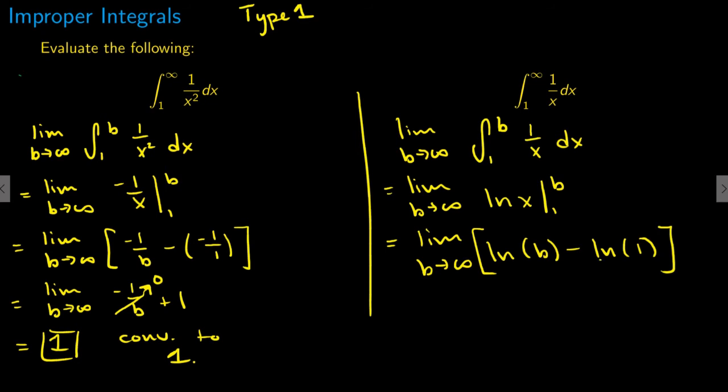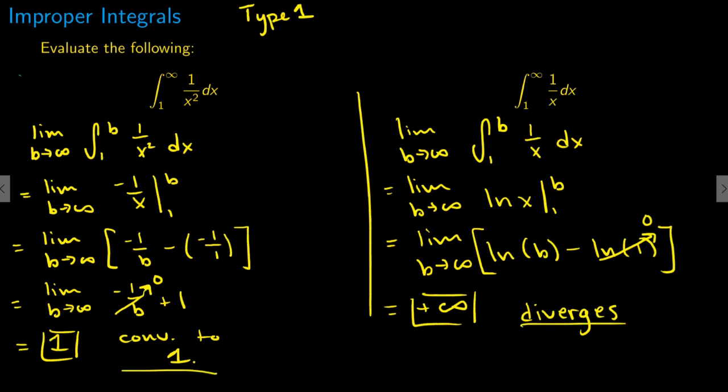But the natural log of 1 is just 0, and we're left with the limit as b approaches infinity of natural log of b. Well, that goes to infinity as well. So we're just left with positive infinity as our answer, and we say that this integral diverges. So we had one integral converge and the other integral diverge.